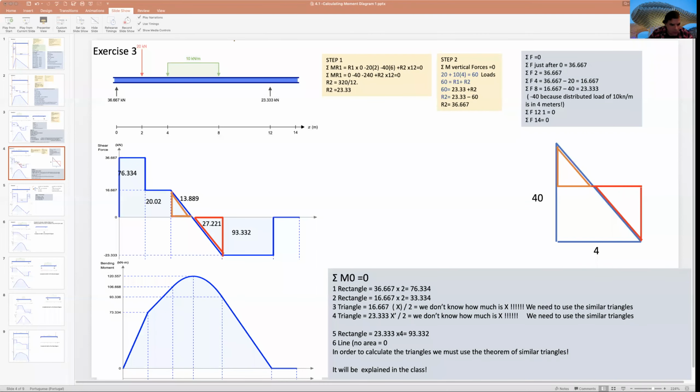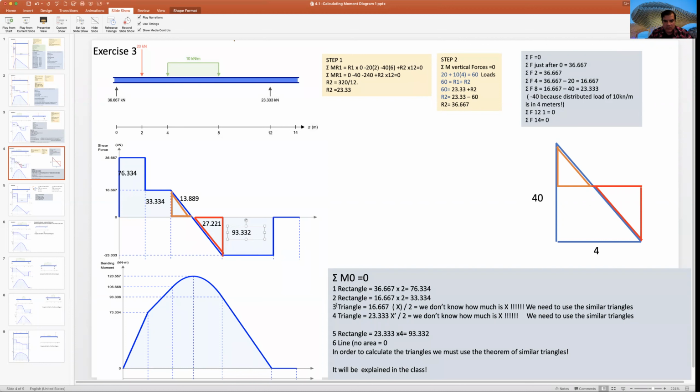Well, we already have that here, no? It's 33.334. I just copied this number wrong. 33.334. And the last one is 23.33, that is this vertical line multiplied by 4, and it's 93.32.